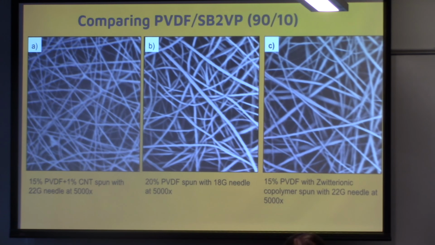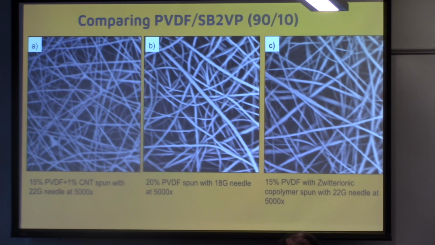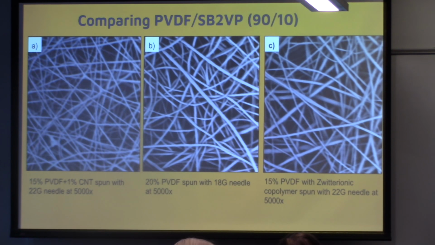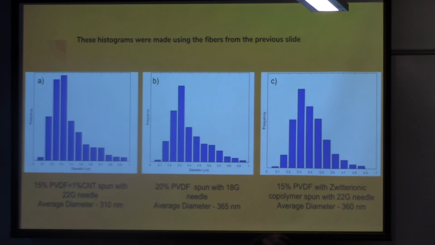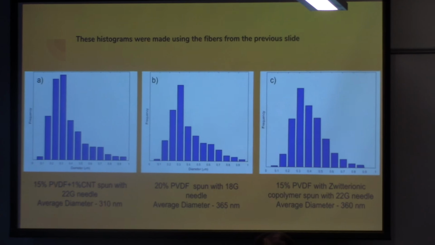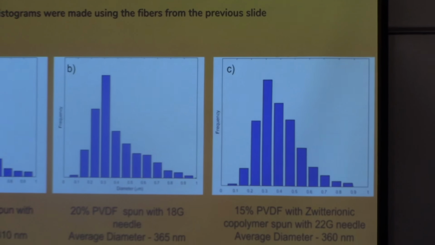Here is a comparison to PVDF, 50%, 20%, and PVDF with 0 co-polymer at 5,000X. The pictures from the last slide correlate to these graphs.